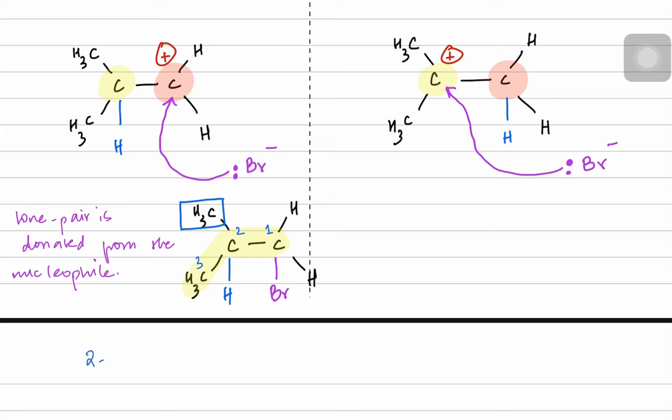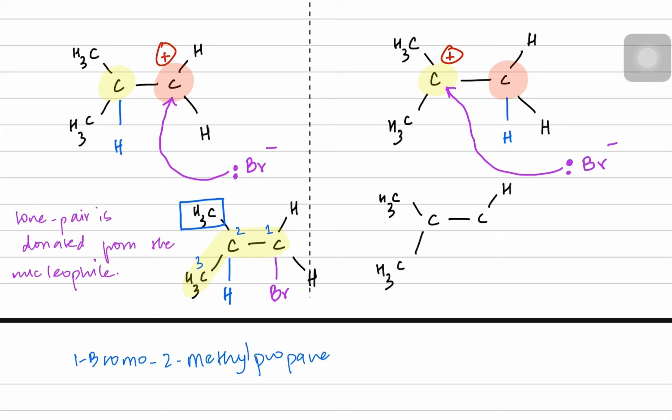So you will call it 2 methyl. Bromo comes first apparently. So 1 bromo, 2 methyl propane.